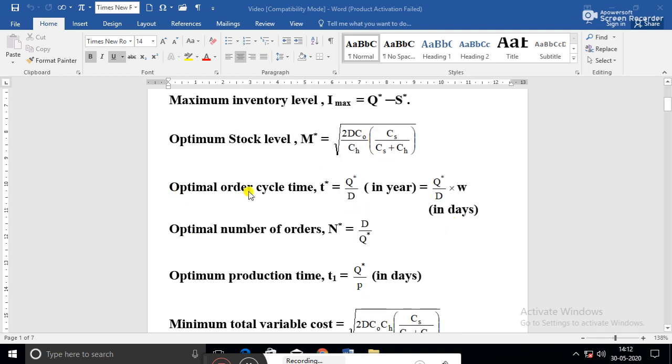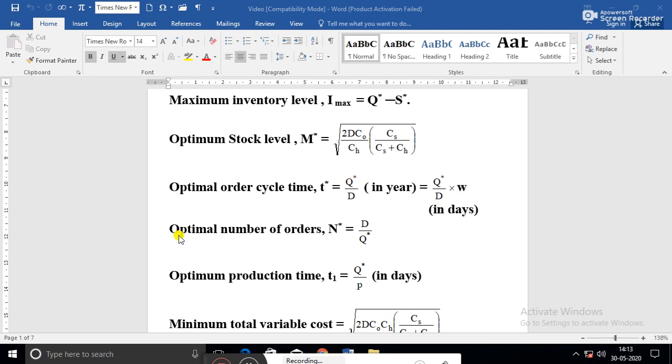Now the optimum order cycle, that is, the time from one order to another order, will be this formula, and we can convert it by multiplying by working days. If you write in days, it will be this formula, and if you write in years, it will be this formula.